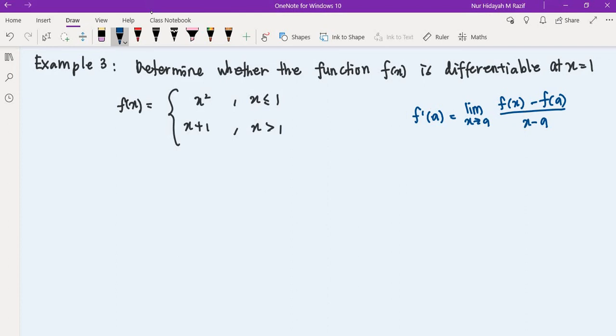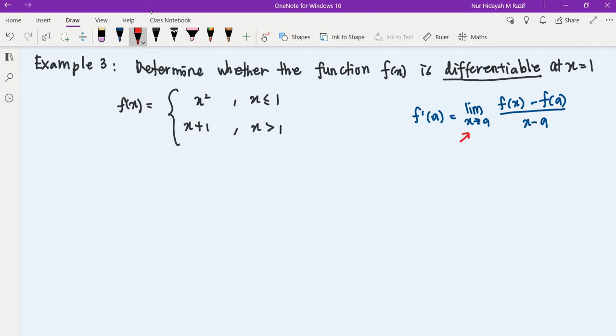So in this question, what does it mean by differentiable at x is equal to 1? Since we are going to use the concept of limits here, and if you recall from last chapter, we learned already untuk check limit dari kiri dan dari kanan. So now if it is differentiable at x is equal to 1, kita akan check limit dari kiri dan dari kanan menggunakan formula f prime a ini dan nilainya sepatutnya dapat sama.